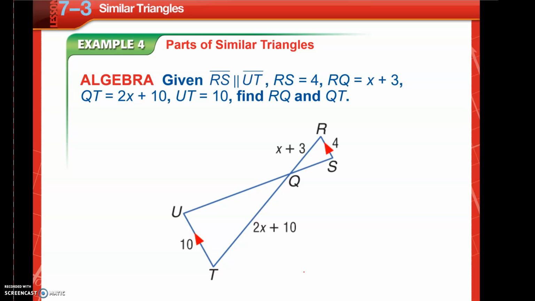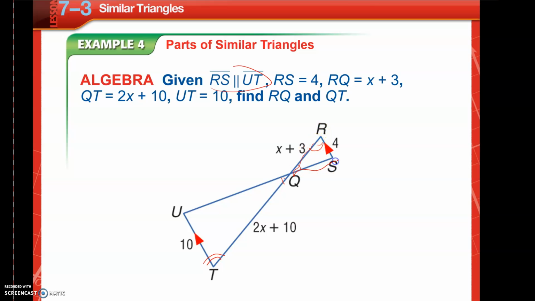So here we can check to make sure these are similar, because these are going to be equal, and because those are parallel, these are going to be equal. So since this tells us that their angles are equal, by angle, angle, we can see that those are similar triangles.